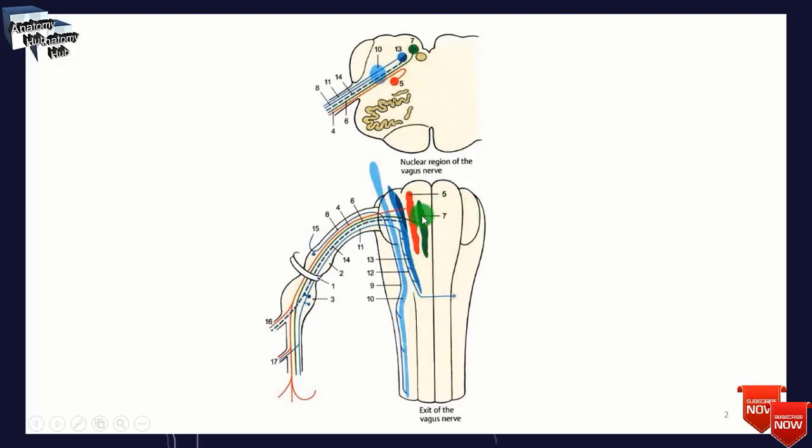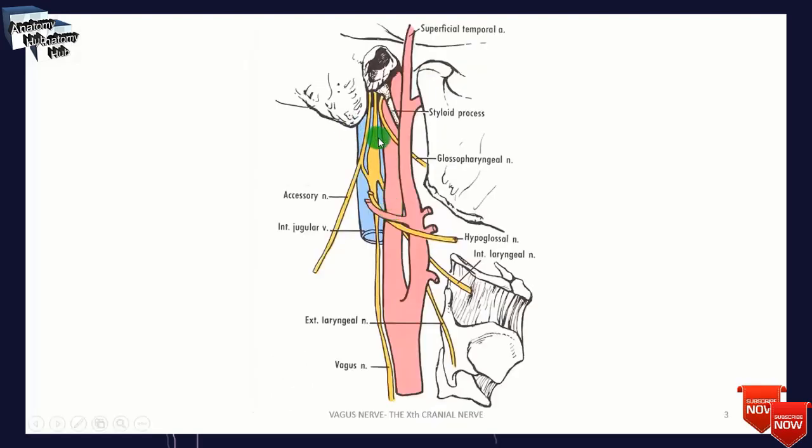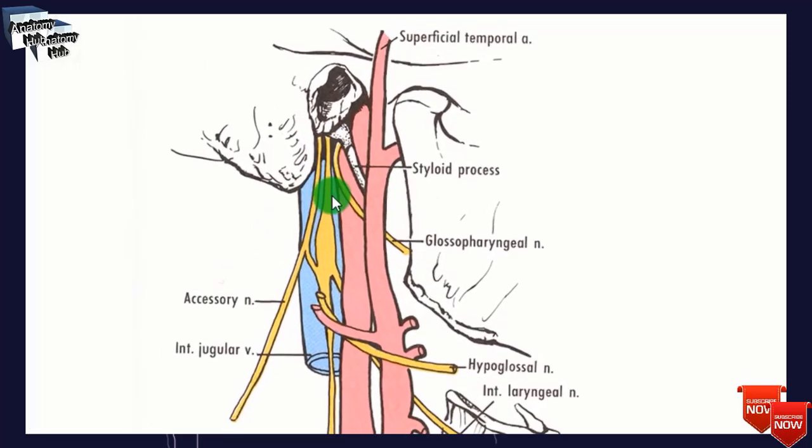But here we will see that there will be the dorsal nucleus of vagus, the nucleus ambiguus and the nucleus tractus solitarius. All these nuclei, the nerve fibers are coming out, and it emerges from the brain stem through the jugular foramen that you can see here.